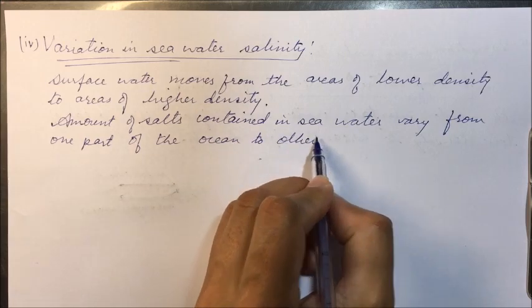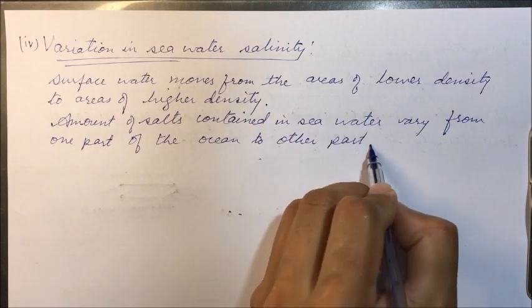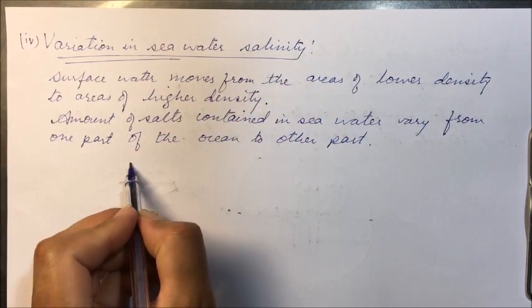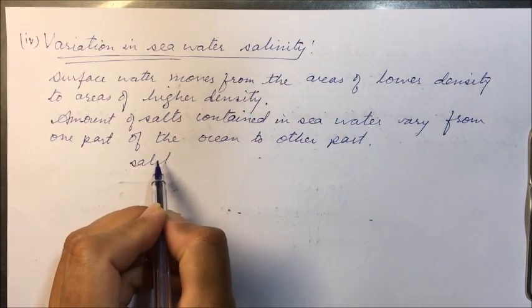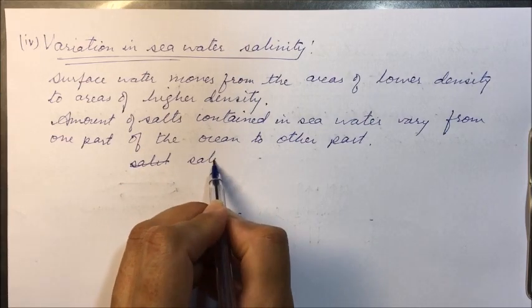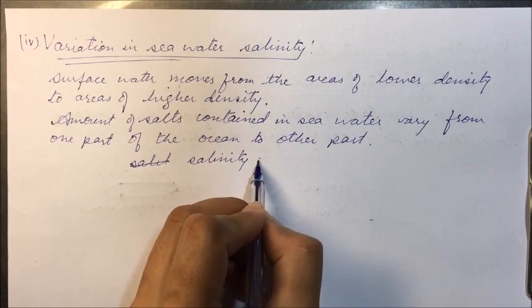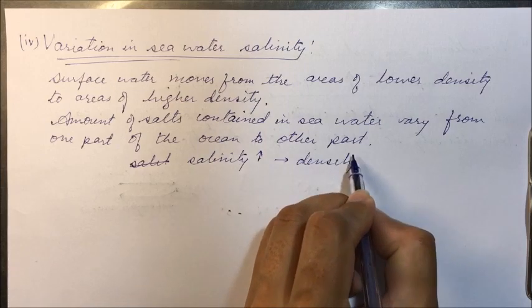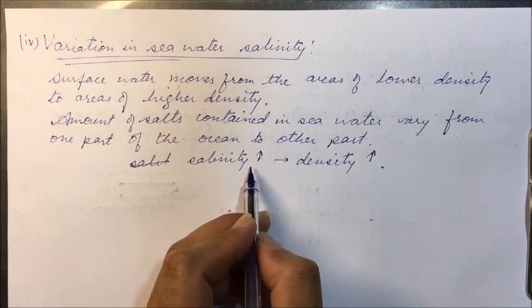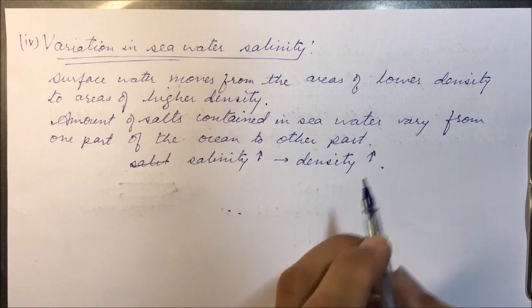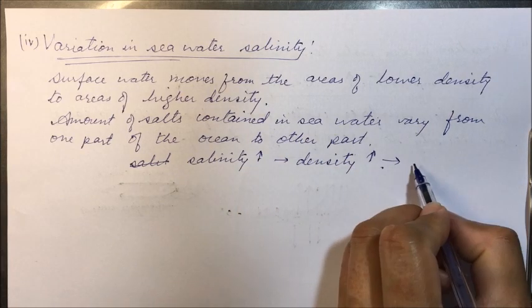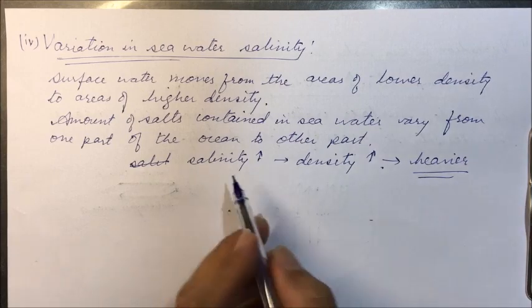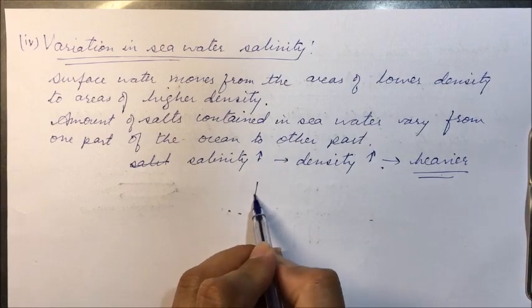As salinity increases, density increases. So if water contains more salt, its density will increase. As density increases, water will become heavier.